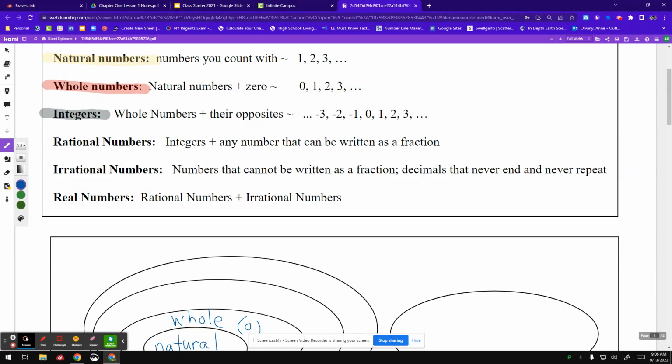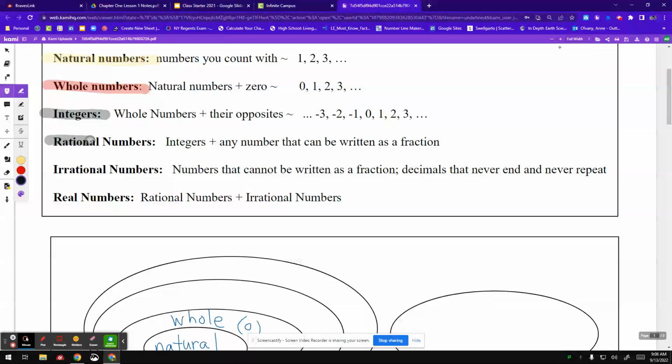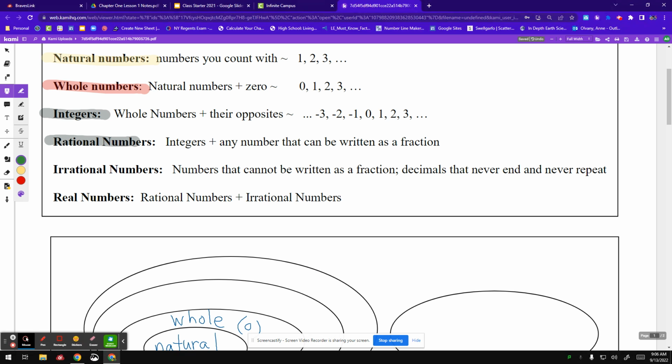Now, Isaac mentioned it is everything except for the decimals and the fractions. And we do have a need for decimals and fractions, don't we? Enter the rational numbers. Rational numbers are any numbers that can be written as a fraction.